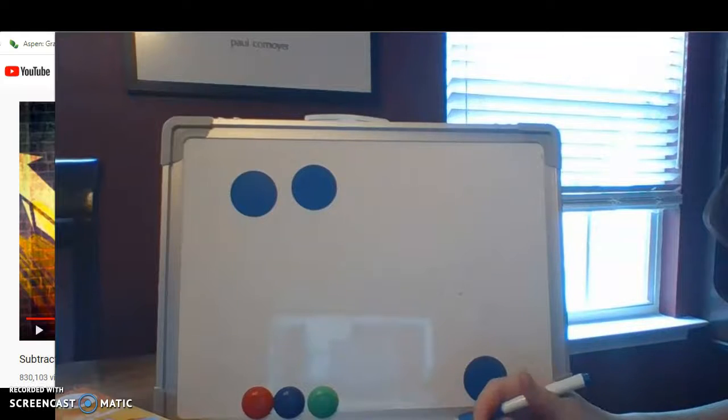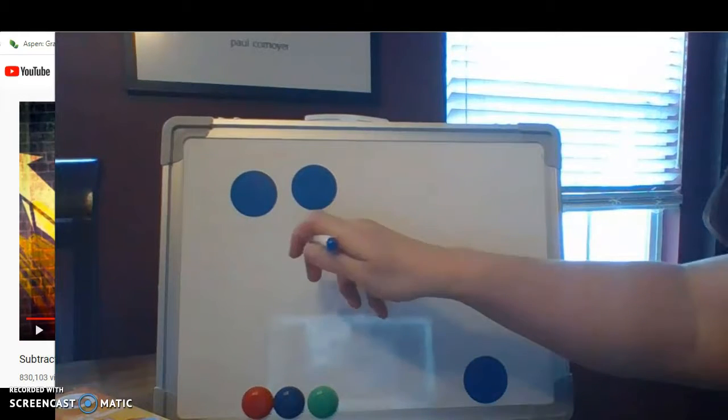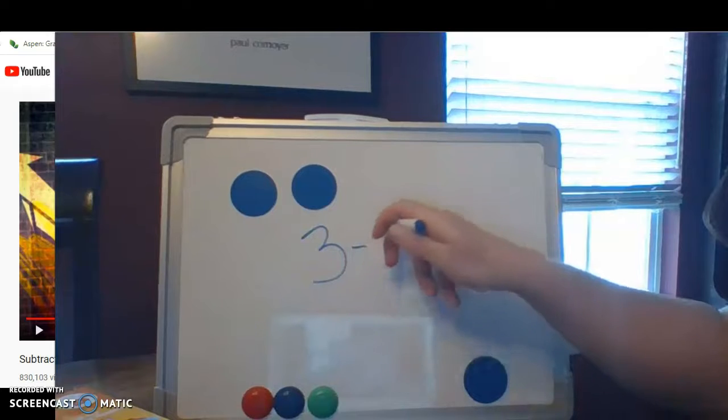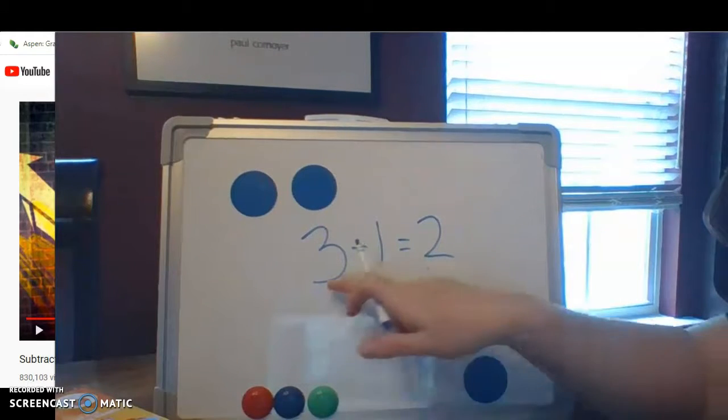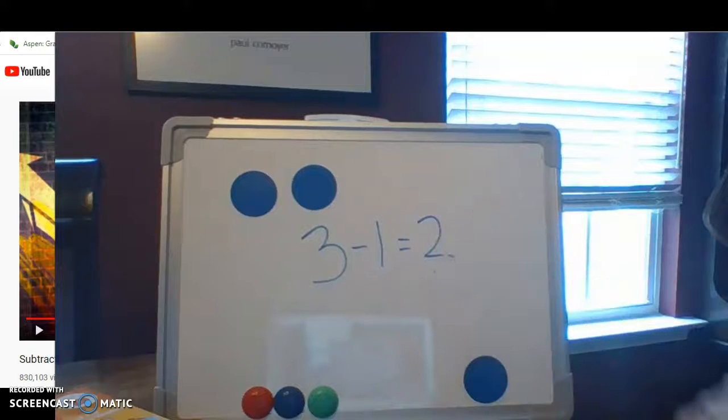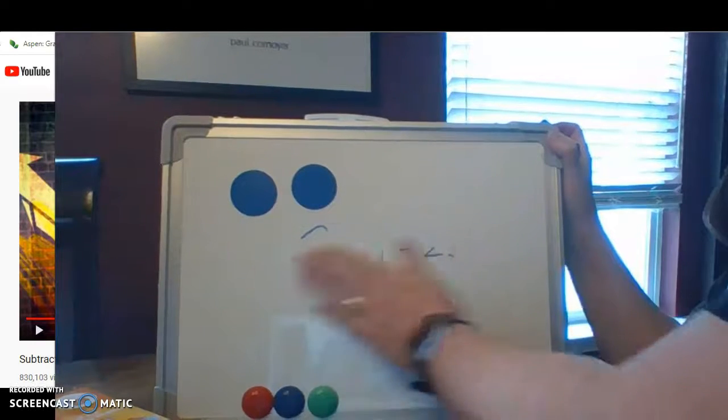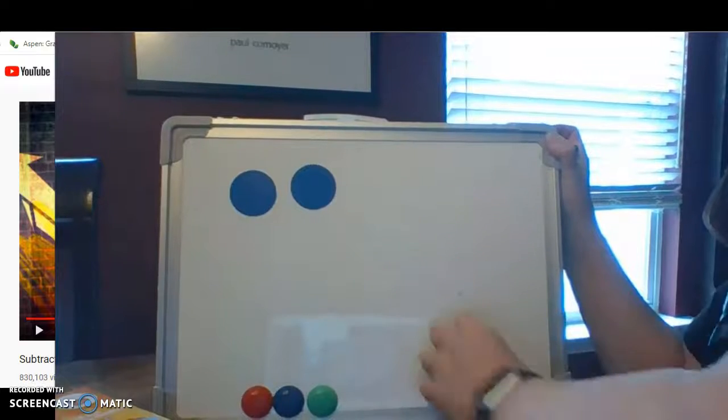How many shirts does Gabby have left? She has 3, right? Took away 1 and now she has 2. 3 minus 1 equals 2. Good job. All right.